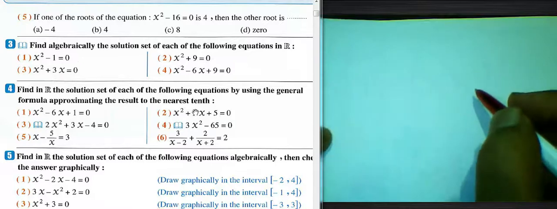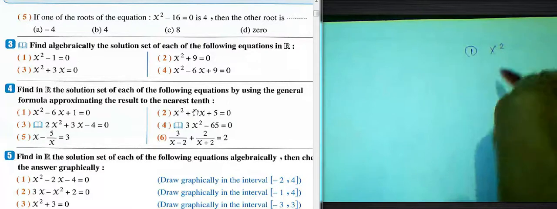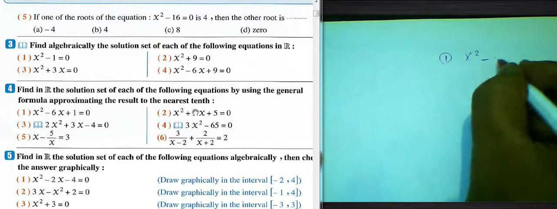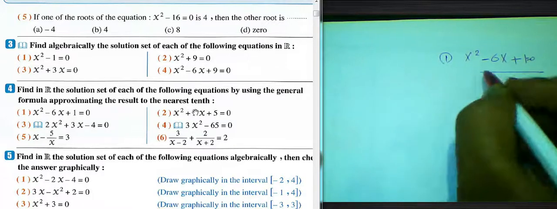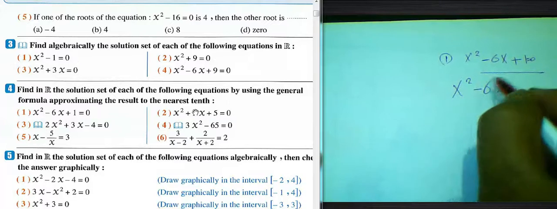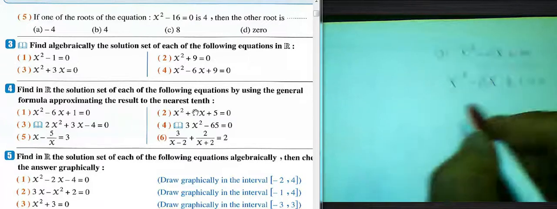Look at it with me, you can solve it by calculator. x power 2 minus 6x plus 1 equals 0.